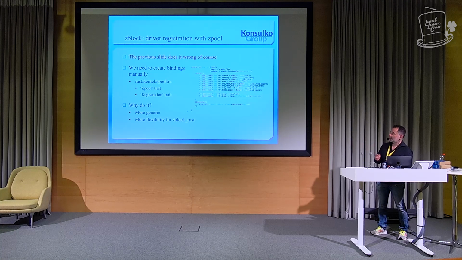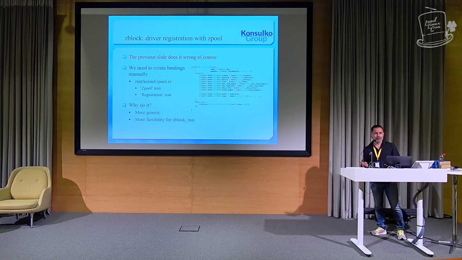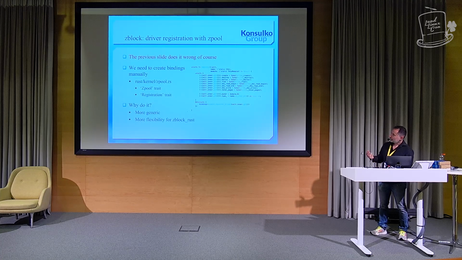At some point, we went back and created bindings for Zpool, because this is the primary API that we were using. So we created the trait for that pool and the trait for registration, and there's a snippet of how it's done in the implementation of the registration trait. So we call the register function from Zblock Rust, and it registers the things in the C way.